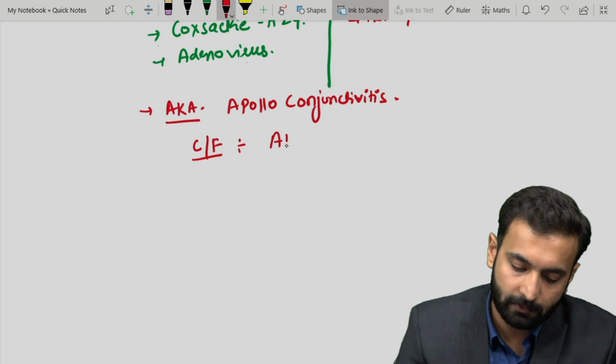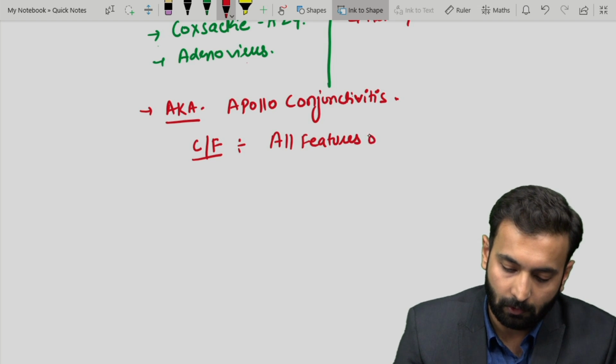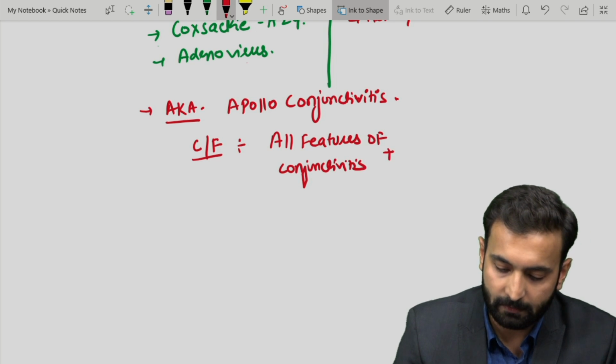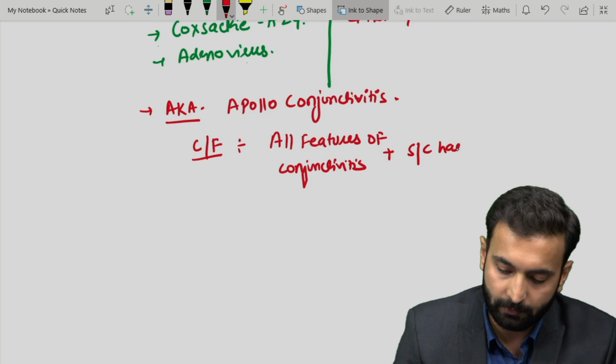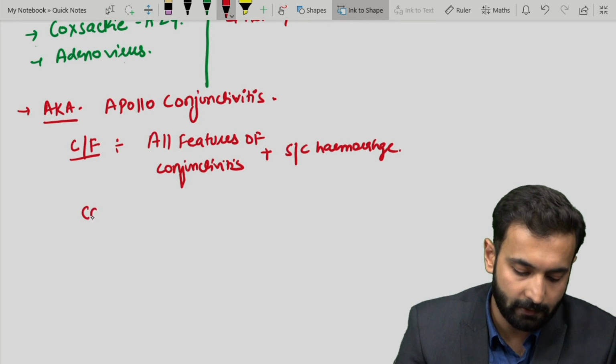So clinical features: all features of conjunctivitis plus subconjunctival hemorrhage in acute hemorrhagic conjunctivitis.